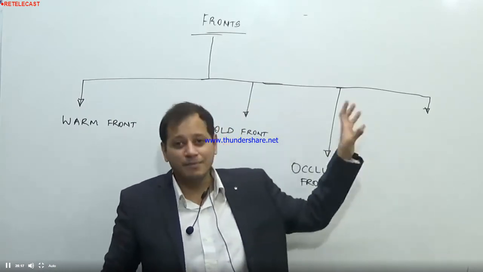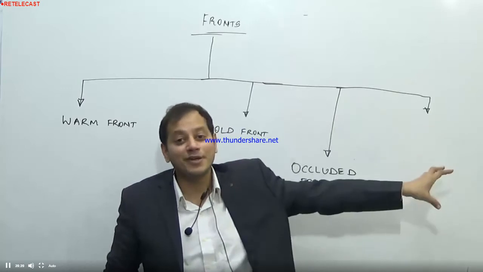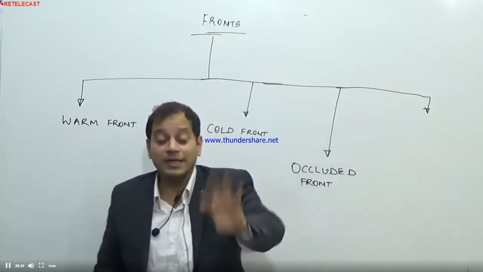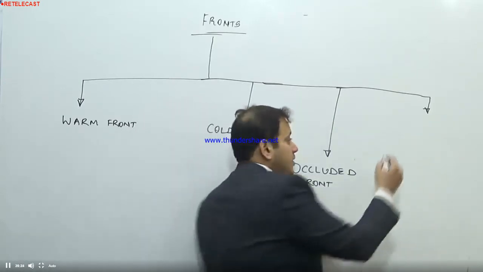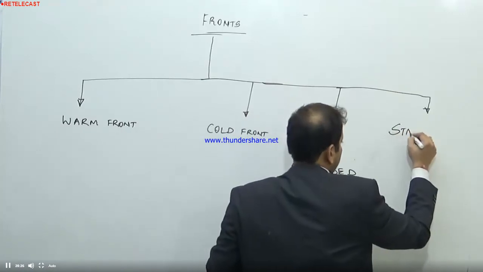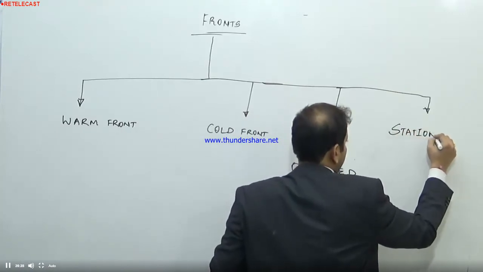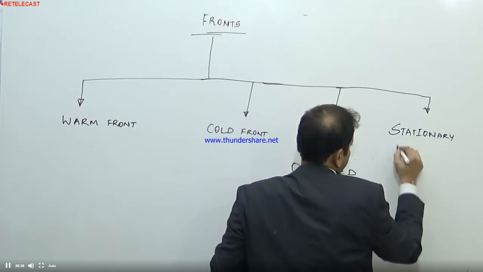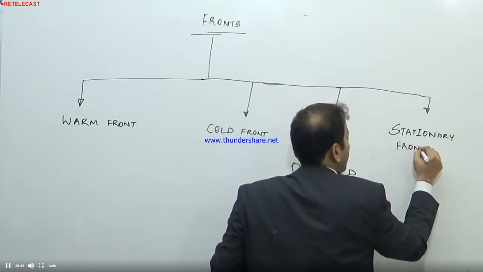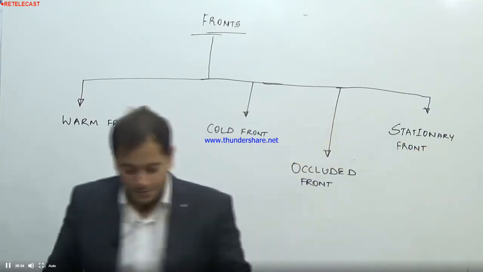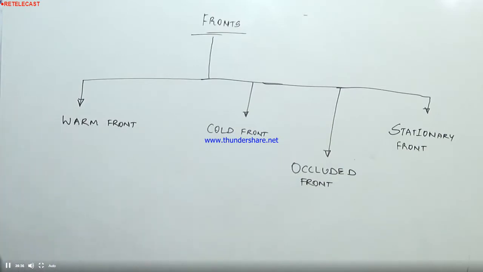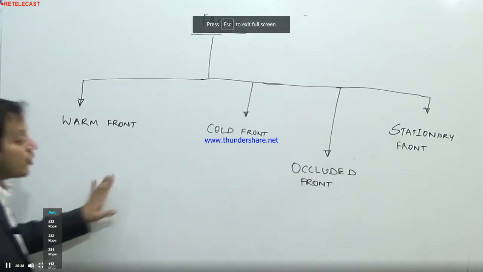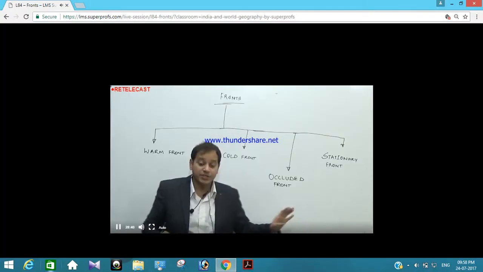So we have made a non-front also a front, a stationary front, though geographically it is not a front. So the fronts can be classified into the warm front, cold front, occluded front, and the stationary front.